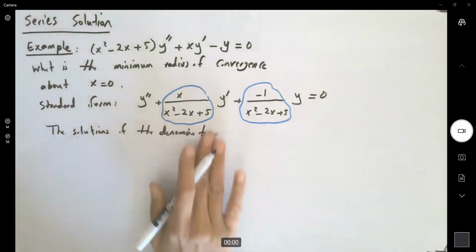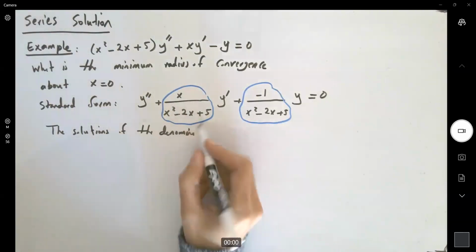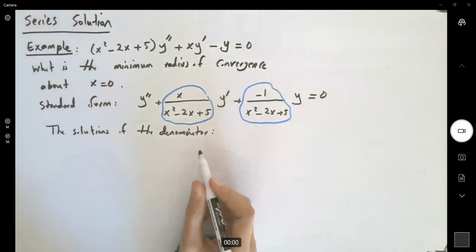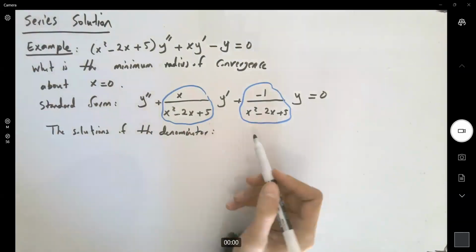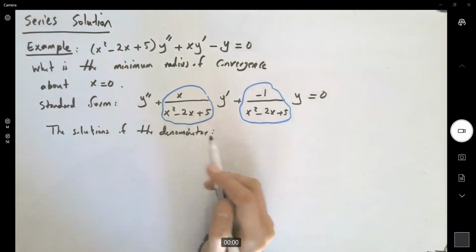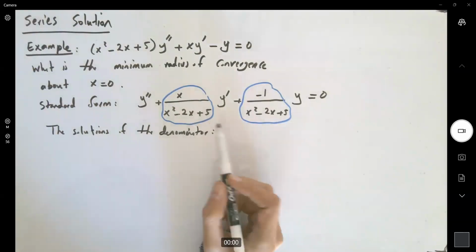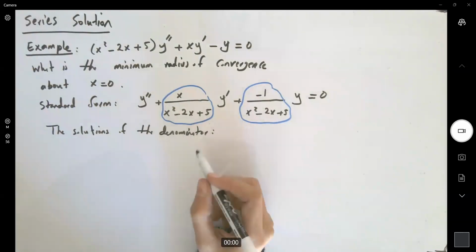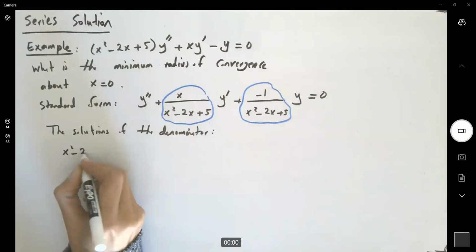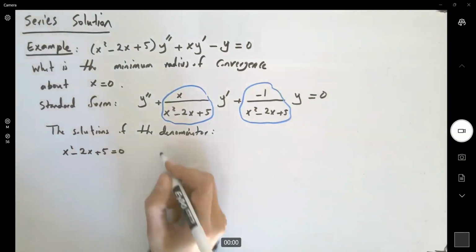Remember that to define the domain of these types of functions, if you're looking for the real solutions, you say R minus the zeros of the denominator. Otherwise, we have to specify all solutions, real and complex. x squared minus 2x plus 5 is equal to 0.